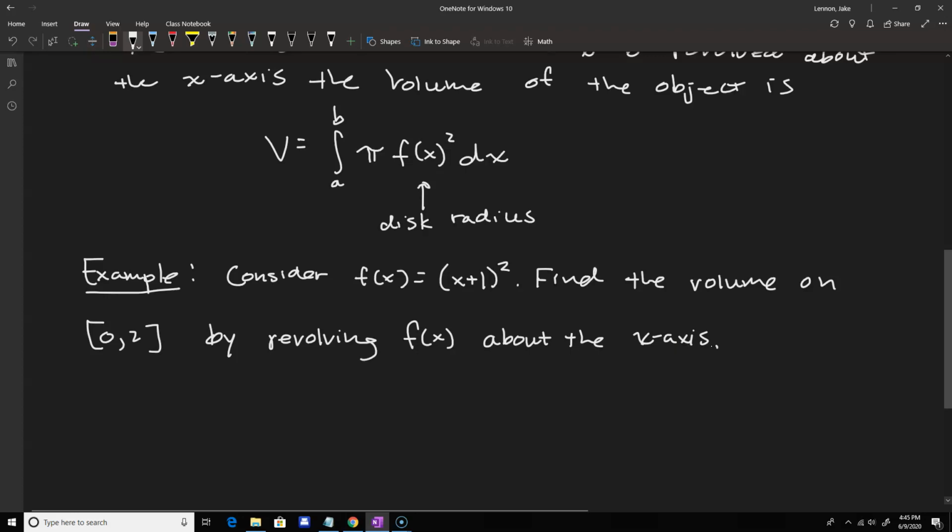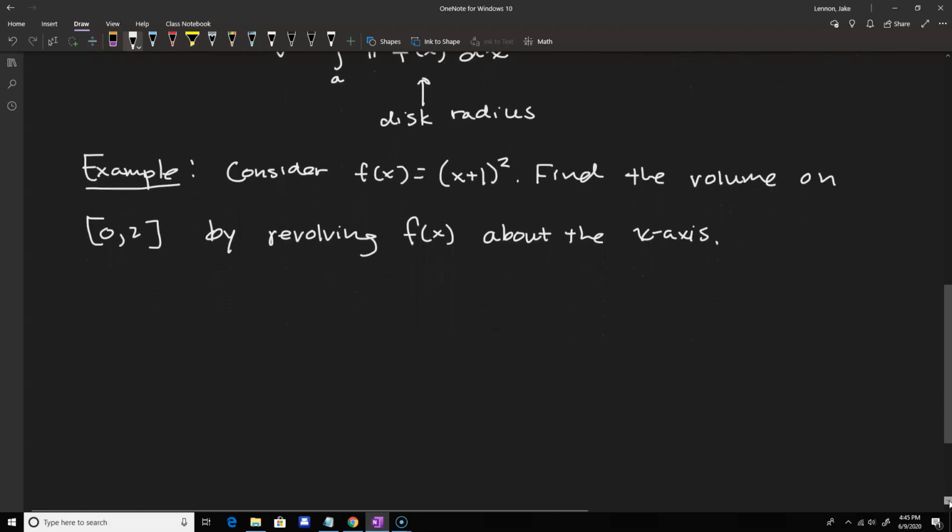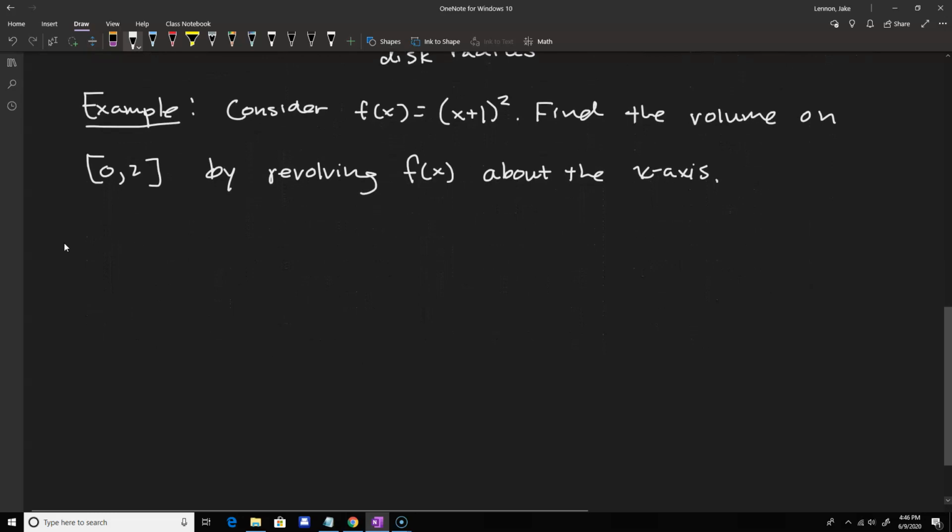If you think about this, this is really just the typical parabola x squared translated to the left one unit, right? We're applying x plus 1, that change of variables inside the parentheses, so that shifts the typical parabola to the left by one.